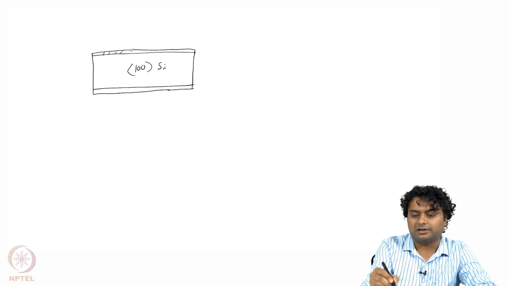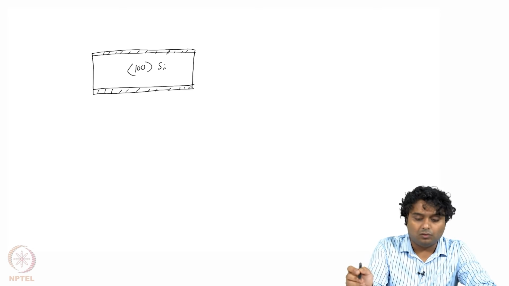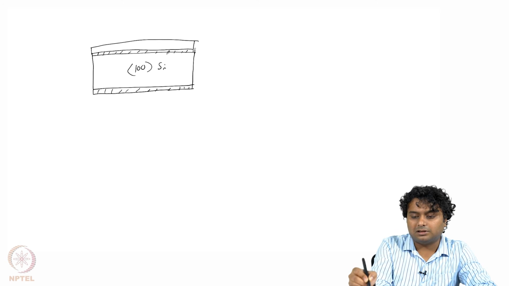So, let us say this is oxide. Then we will spin coat the photoresist, as we have discussed during the lithography class. Let us say this is the photoresist.